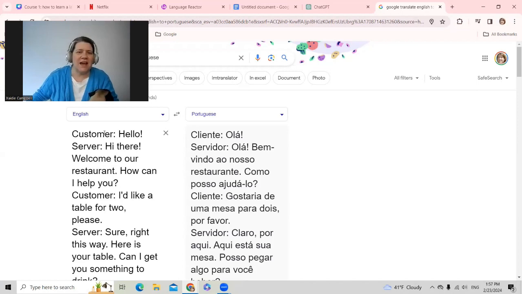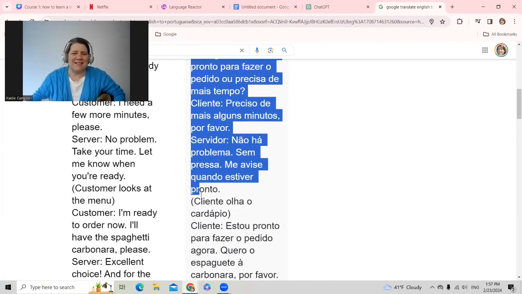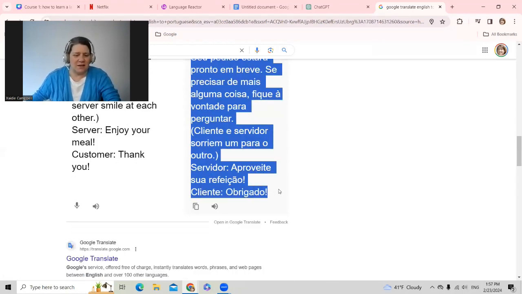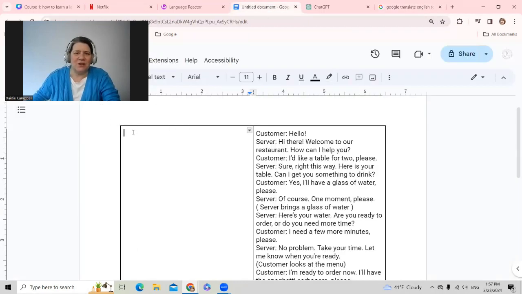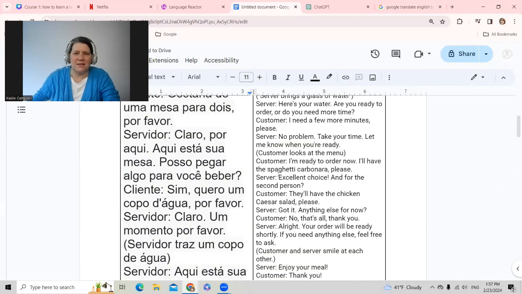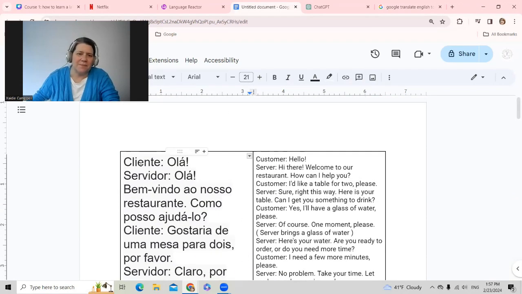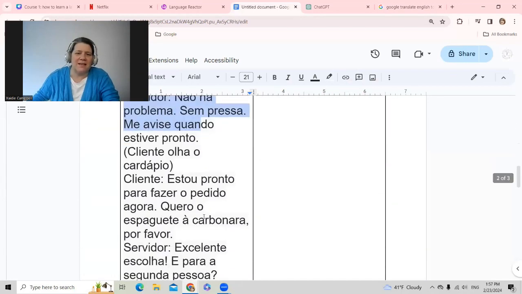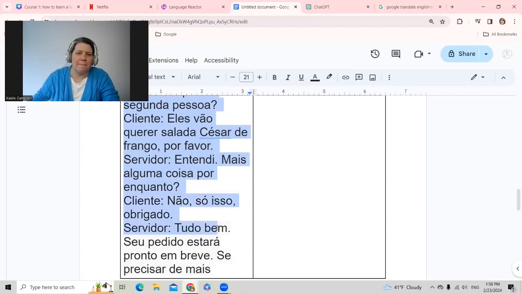So what I do is I just put this in Google Translate and then I copy and paste this. It looks long, but it's not all that long. I copy and paste this into, well, this is bigger. I want to make it the same size, right? I want to make it so that they match up.